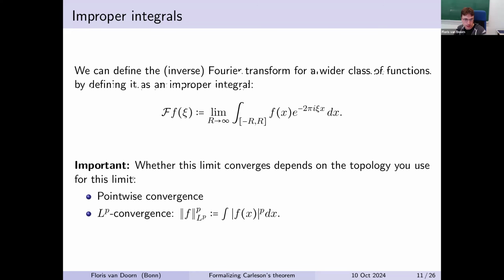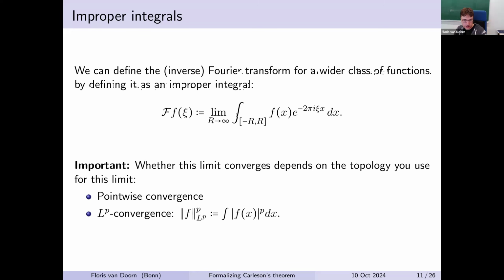In particular, there's a notion of L^p convergence. So L^p convergence is: take the function, take its absolute value to the power p, and then integrate that. That is the L^p norm of the function to the power p. Then you have to take it to the power 1 over p to get the actual L^p norm.